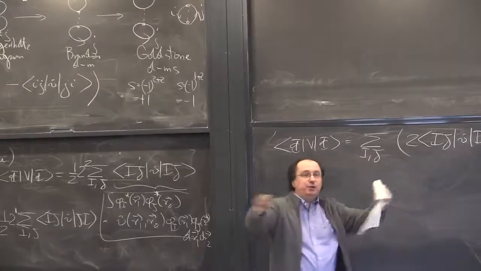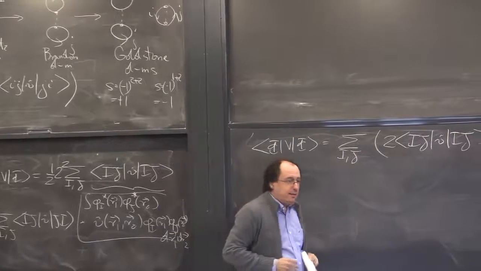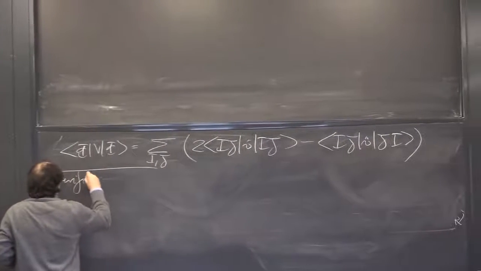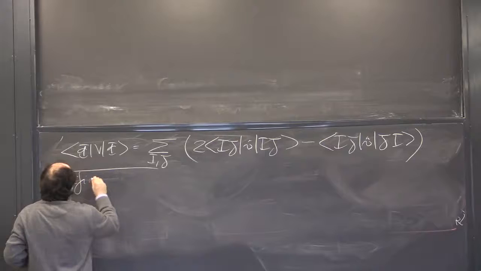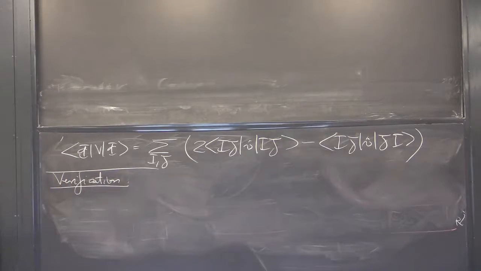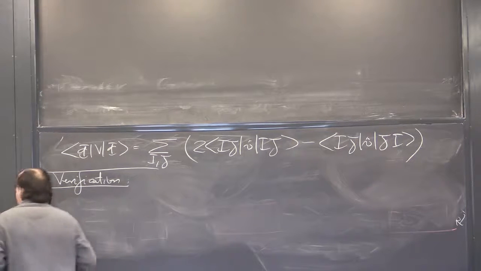Now, what if I wanted to do this algebraically? Okay, it looks like a simple case. So I'm going to perform a procedure, I'll call it here verification, using the algebraic approach. And you will see how much more complicated that would have to be, even in such a trivial case. So algebraically, I would have to start with this expression.